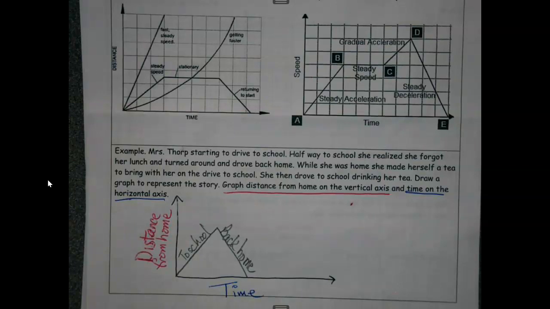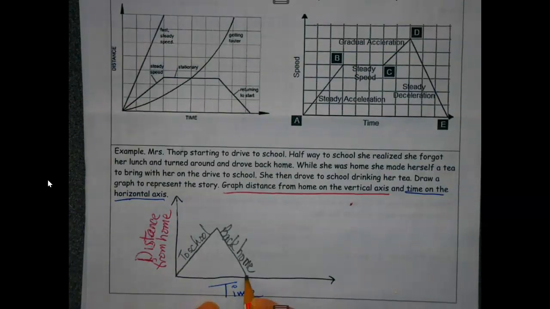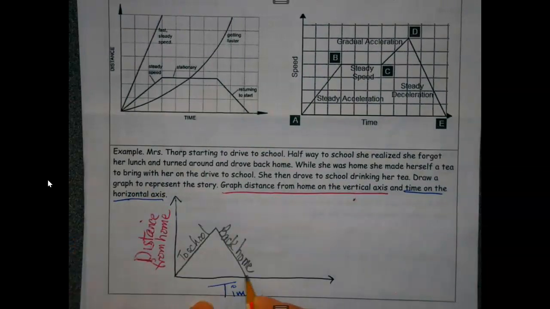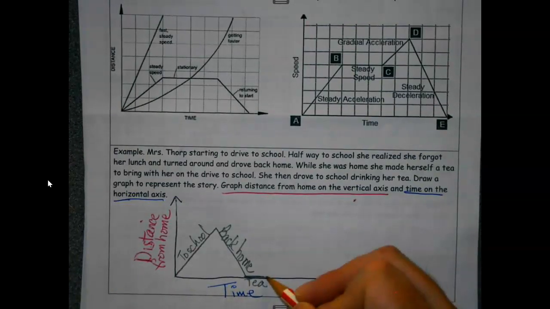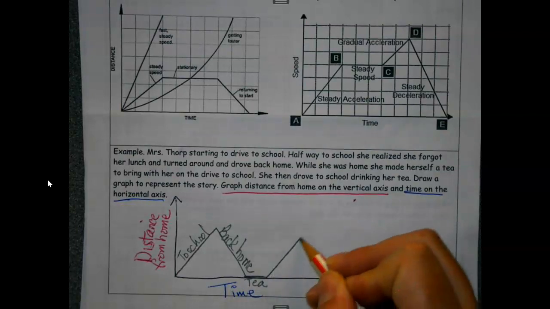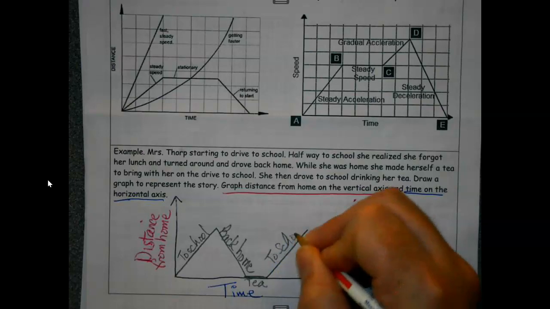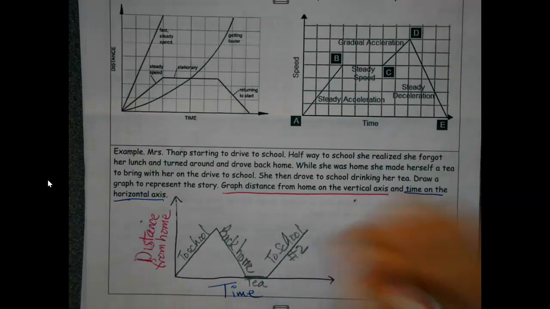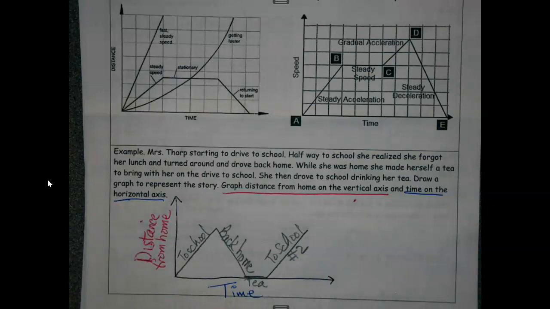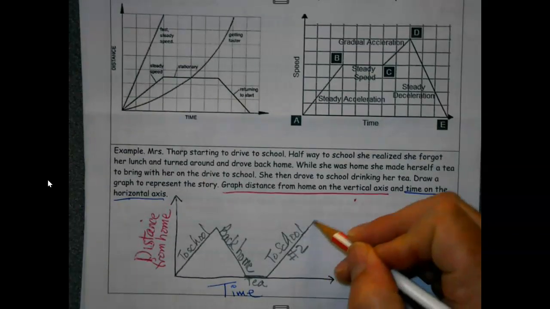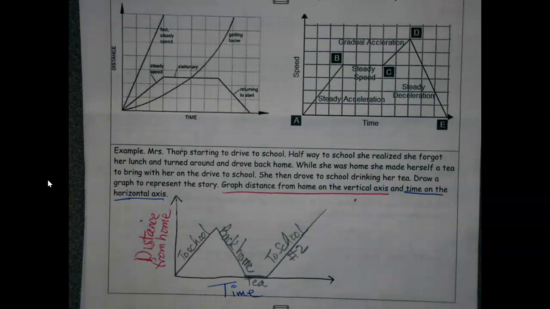When she got there, she made herself tea, so that's going to take a little bit of time when you get back home here. So she wasn't really going anywhere. So then she drove back to school a second time, until she got there. Okay?